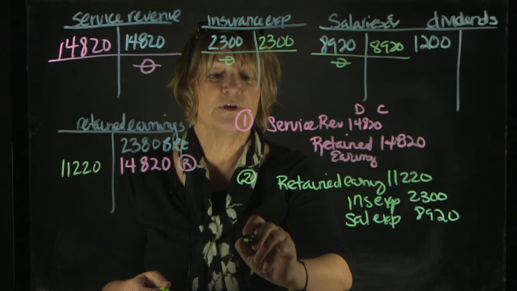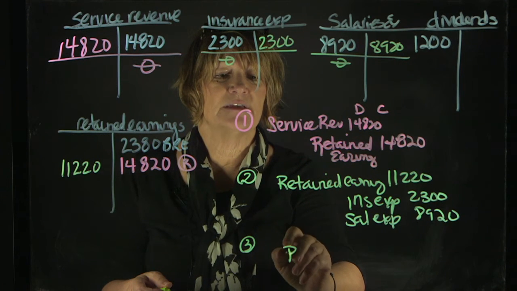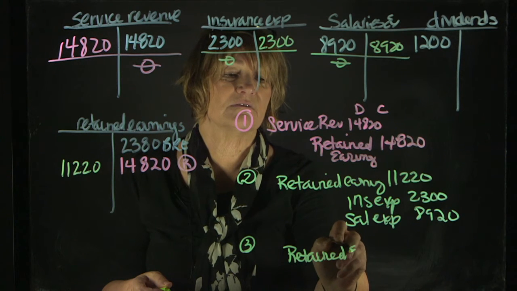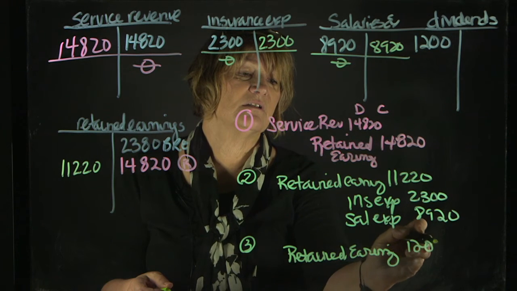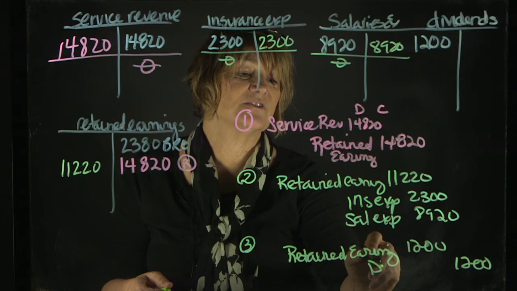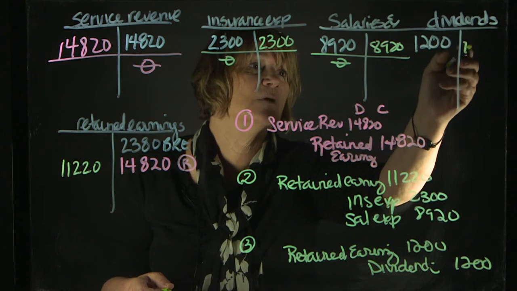So the third closing entry is a debit to retained earnings for $1,200 and a credit to dividends, $1,200.